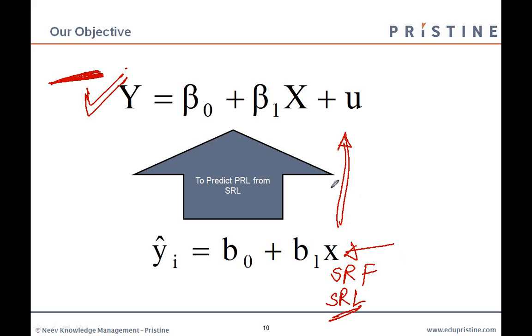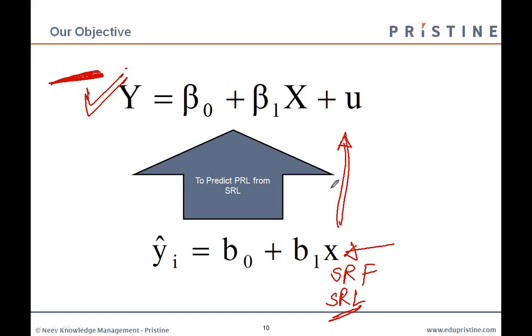So you just get different terminologies. That is, you have a sample regression function, which is nothing but an equation that describes the relationship between the independent variable and the dependent variable for the sample data set. You always use the SRF, that is the sample regression function, and assume that the same equation holds true for the population, because your eventual goal is to predict the PRF, that is the population regression function.